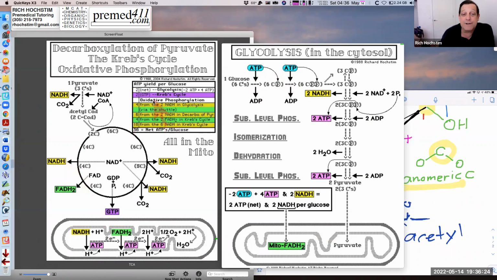Now, if we look at oxidative phosphorylation, that's everything occurring here in the electron transport chain. So what will happen is we're going to make 4 ATP from the 2 NADH in glycolysis. That's these 2 over here. But you say, hey, you're not supposed to make 4, you're supposed to make 6. But you only make 4 because you don't have NADH, you have FADH2.